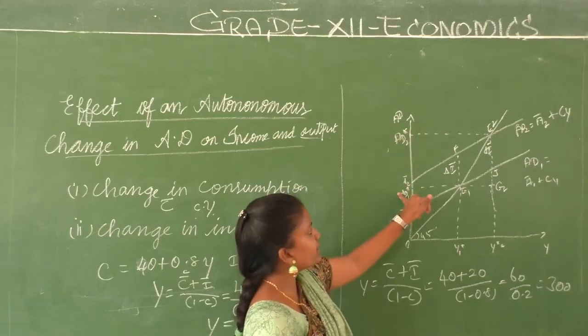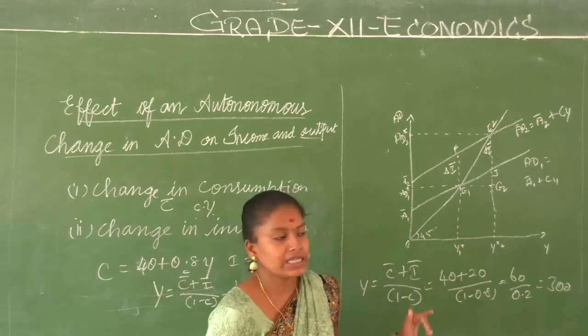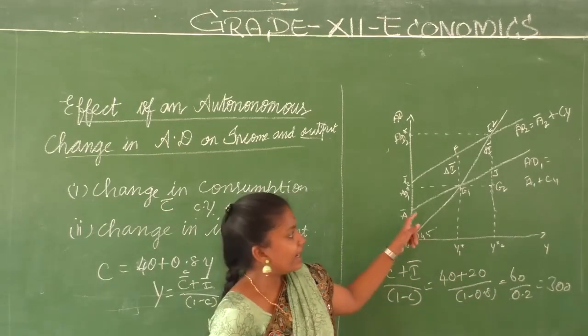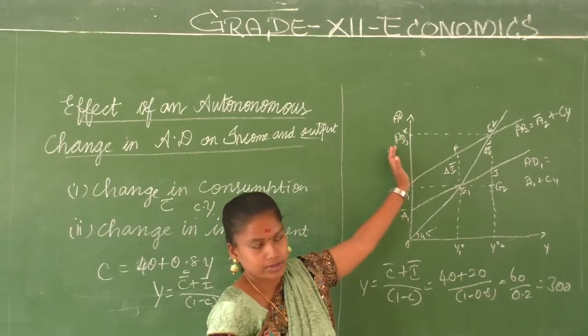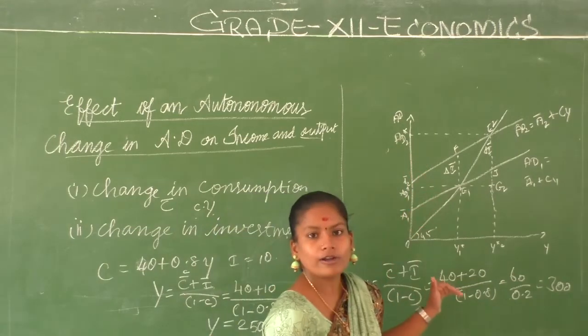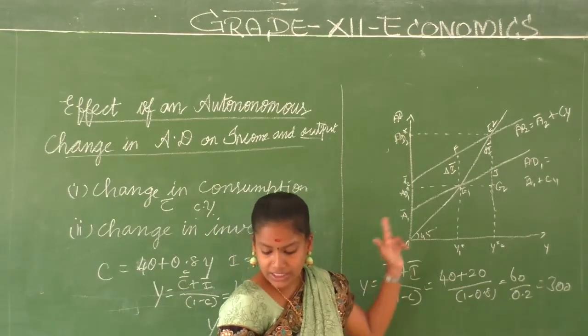This is 250 and this is 300. When the investment increases by 10, the AD1 line shifts in parallel upwards. Investment decrease means it will fall down. Right, children? So it shifts parallelly to AD2.